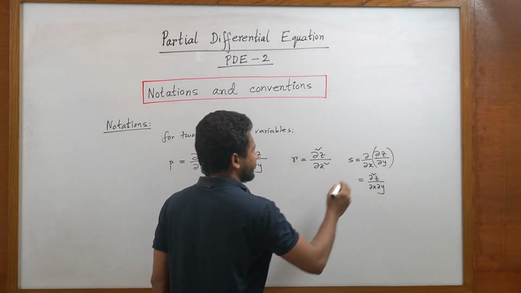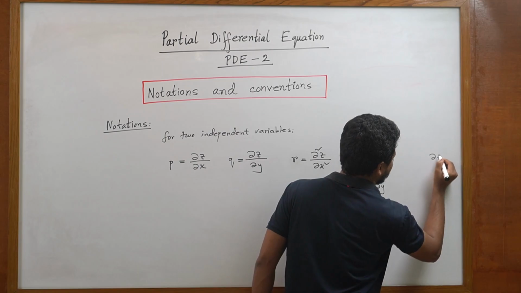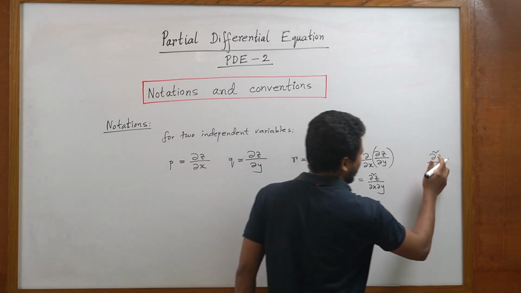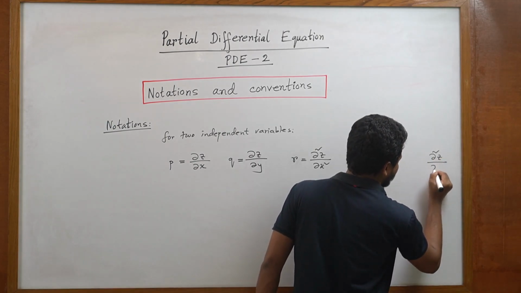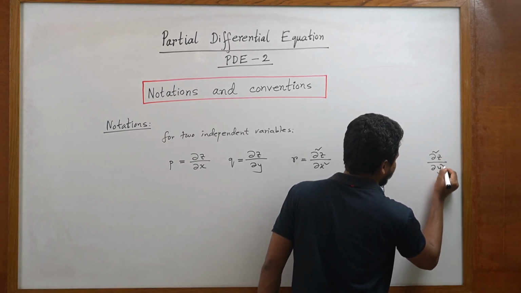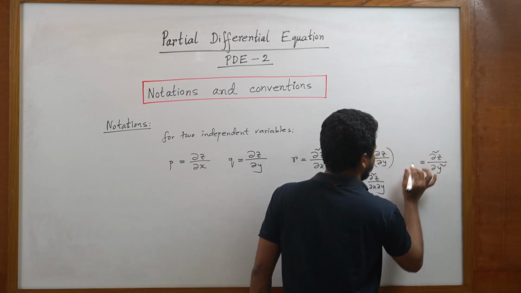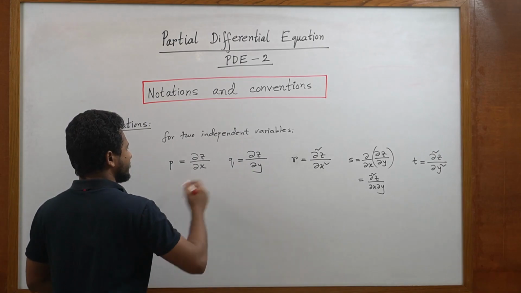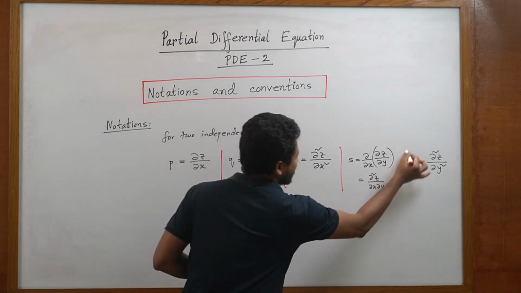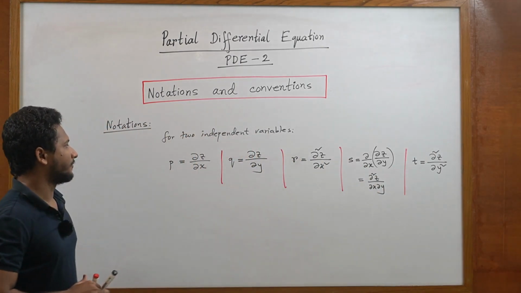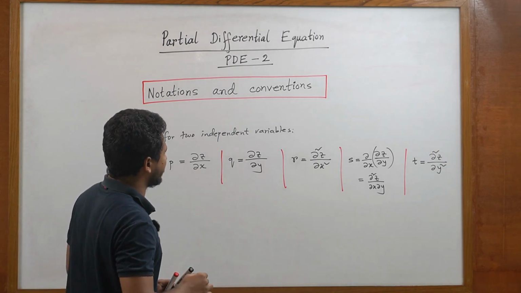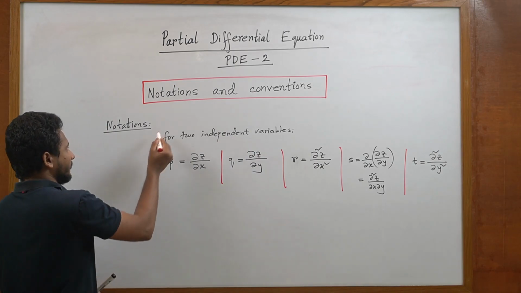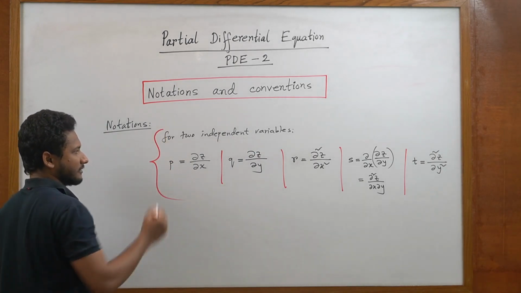Okay, and the second partial derivative of z with respect to y will be called t. These notations will be remembered throughout the whole course of PDE for two independent variables. Okay, for two independent variables.